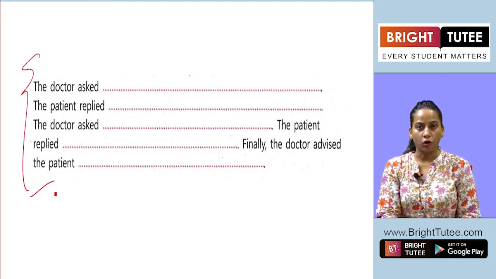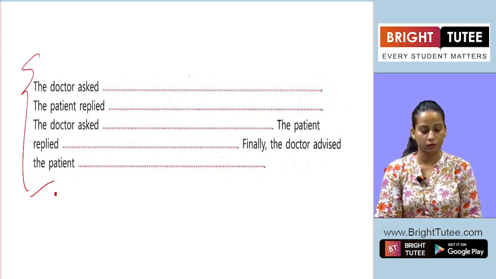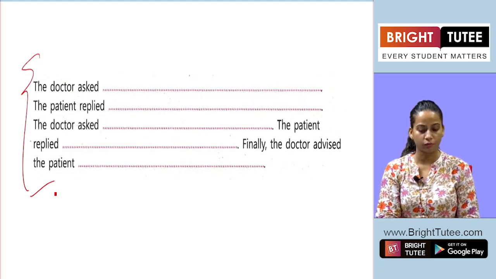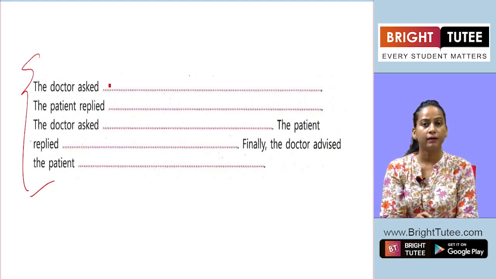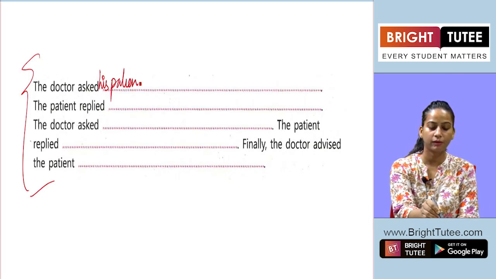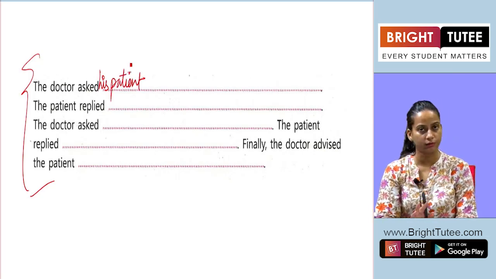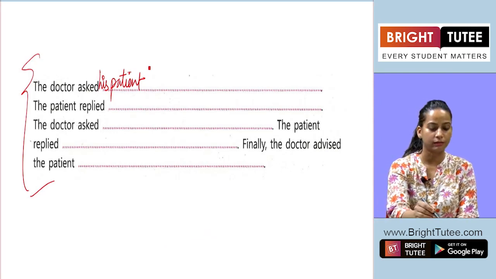The first one, the doctor said. Here we have to check the statement of the doctor: hello, how are you feeling now? So we have to write here the doctor asked. Here it is given his patient. This we have to mention according to the sentence given. His patient how he was feeling then.